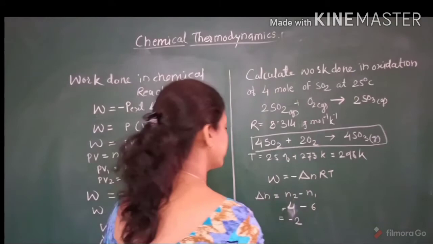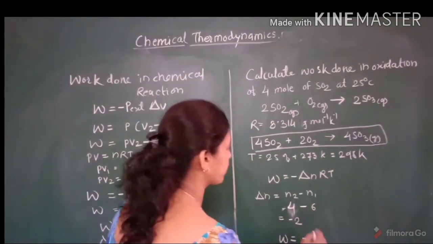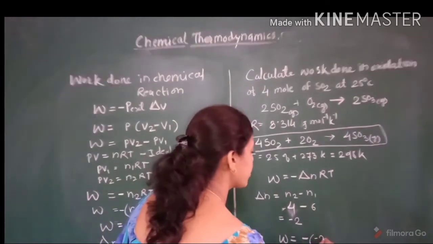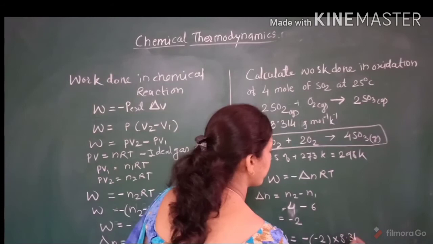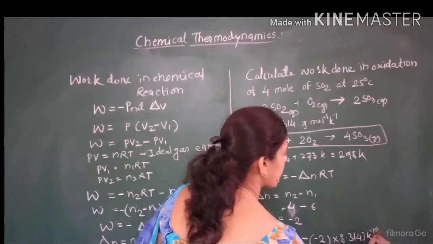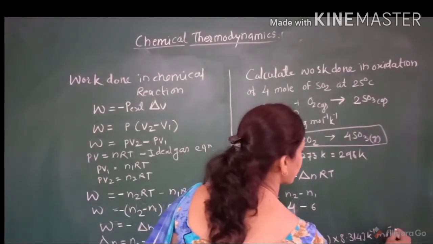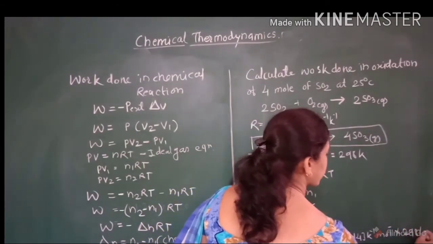Put all these values in the equation. So W equals minus into minus 2 into R, which is 8.314 joule Kelvin inverse mole inverse, and temperature 298 Kelvin.